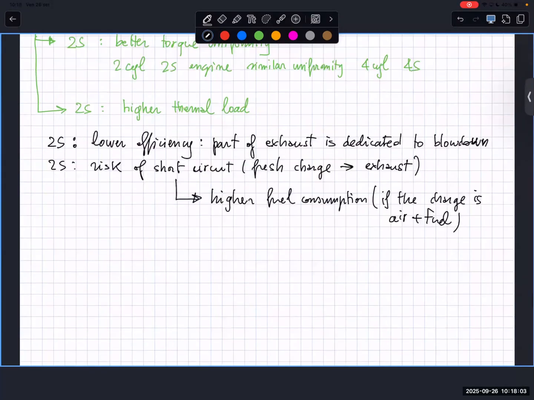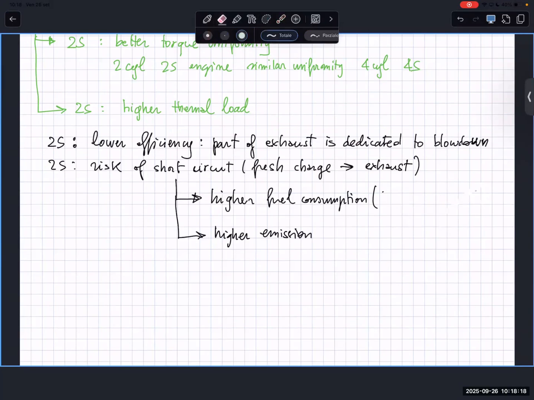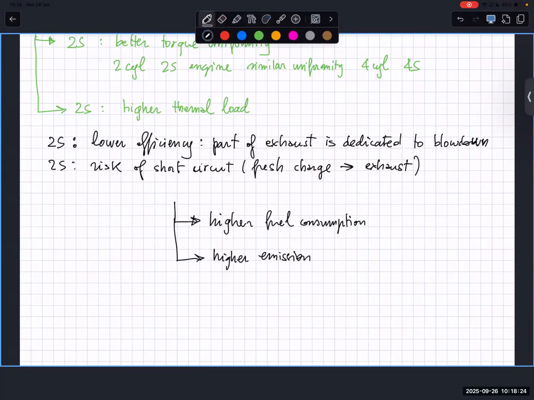So, if the charge is air and fuel, higher fuel consumption, but also higher exhaust emissions, because part of the fuel that is hydrocarbon will go directly to the exhaust, and so I can have also higher emissions.